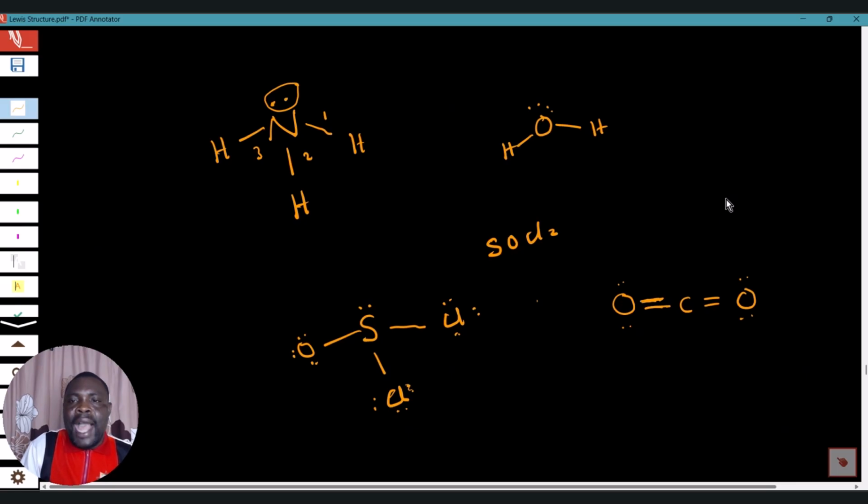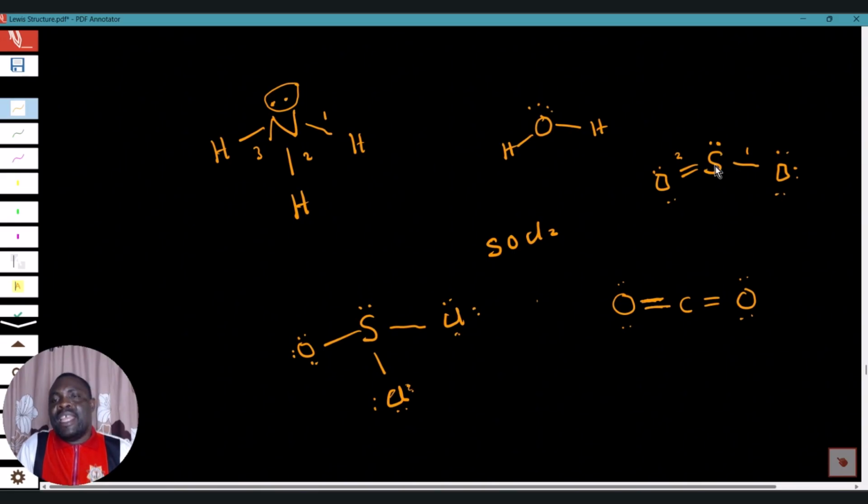Now, if you look at sulfur dioxide, the Lewis structure of sulfur dioxide is this. So you can see that in sulfur dioxide, we have 2 bond pairs. This is 1 and this is 2. Now the first bond pair is single, the second bond pair is double. So we have 2 bond pair and 1 lone pair electron in sulfur dioxide.